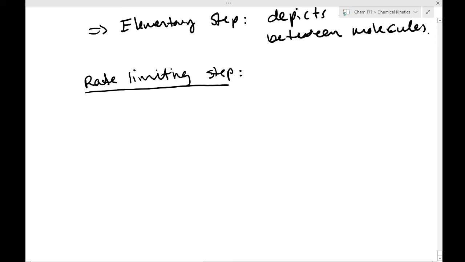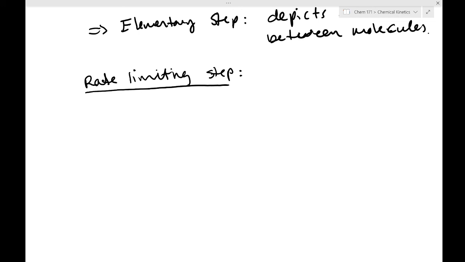Now recall from above that each of these individual elementary steps has its own kinetics associated with it. That means each has its own rate constant and its own rate law, so each of them is going to be happening at a different rate.